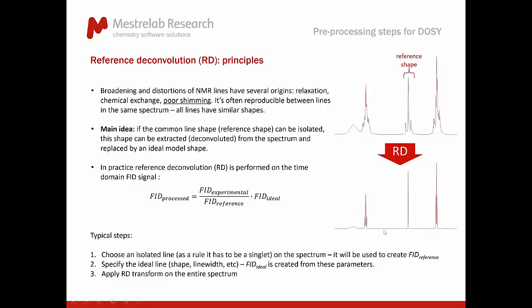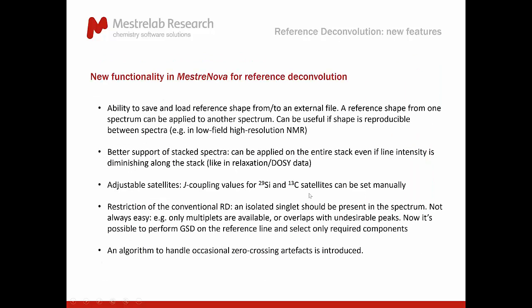One thing to remember, it also comes with a certain penalty on the noise. Another thing, you need to have a singlet in your initial data, which I will quickly mention here. There are a number of new functionalities in MestReNova which we introduced recently to improve reference deconvolution abilities.